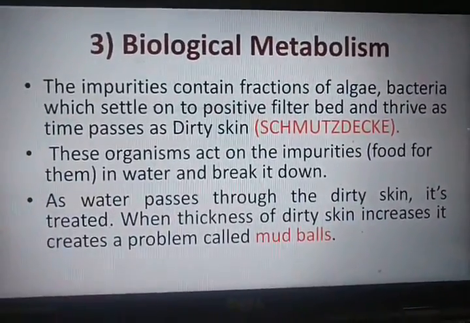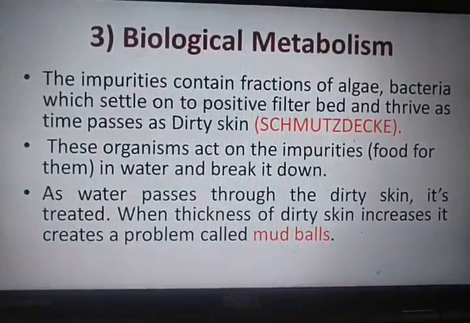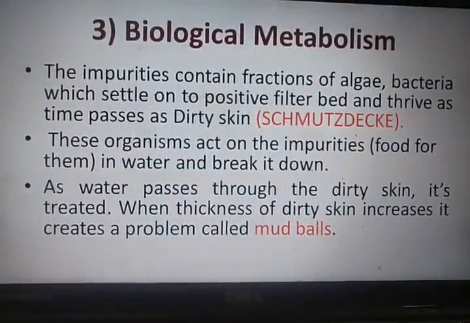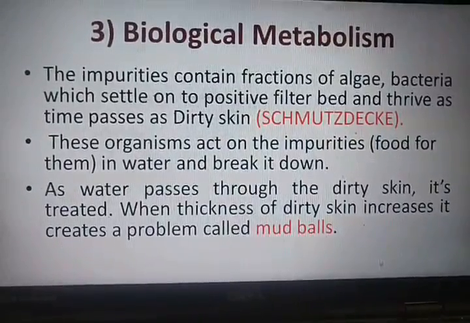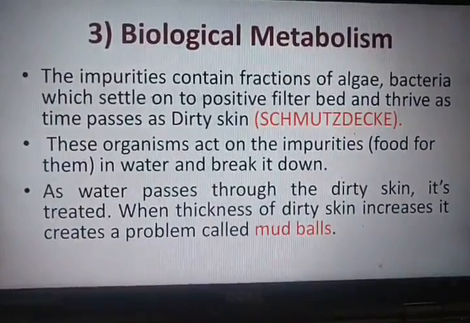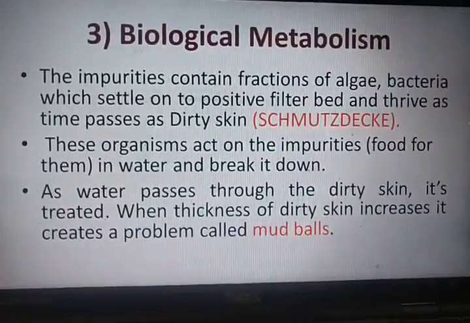Here, most of this biological metabolism can usually be observed in the slow sand filters. I will tell you in detail when we classify the filters, that is, slow sand and rapid sand filters. So as of now, let us concentrate on biological metabolism. What does biological metabolism mean?